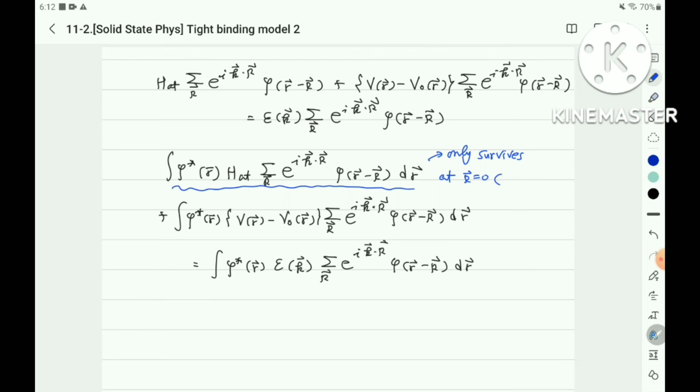The orbital overlap with the nearest neighbor is very small.